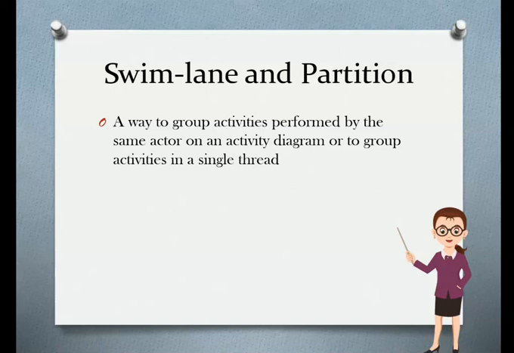But to represent who is responsible for performing a particular activity, we can use swim lanes. This is the notation for a swim lane. Instead of writing swim lane, we write the actor name, and under that actor we write the activities that are performed by the actor.